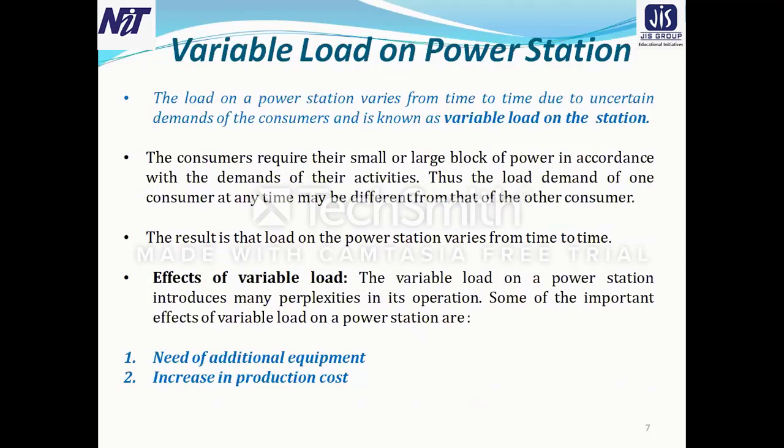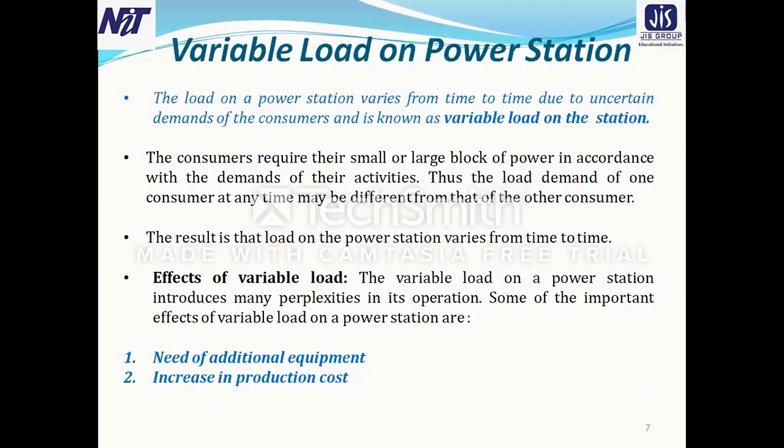The load on a power station varies from time to time due to uncertain demands of the consumers, and is known as variable load on the station. The consumers require their small or large block of power in accordance with the demand of their activities.